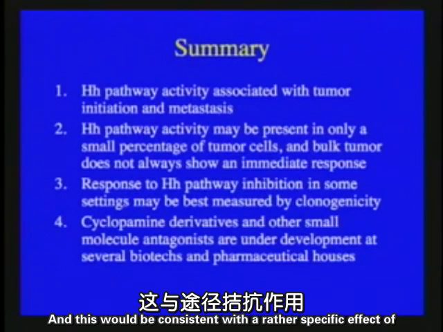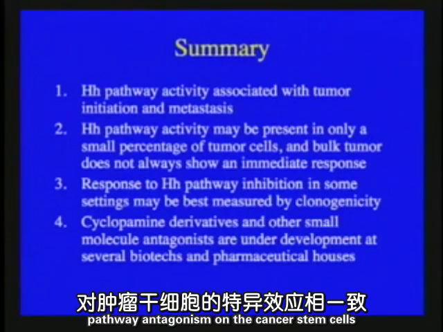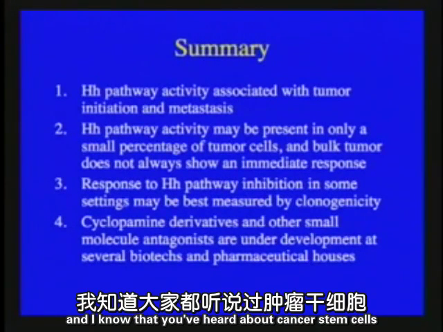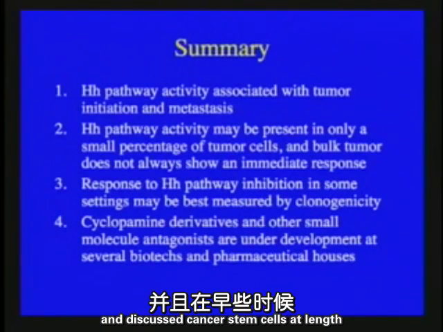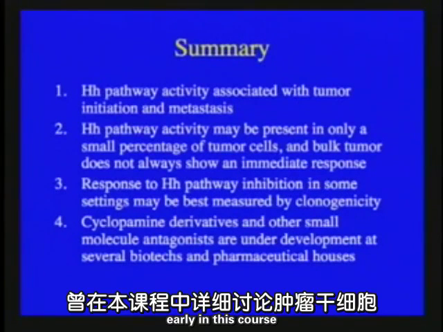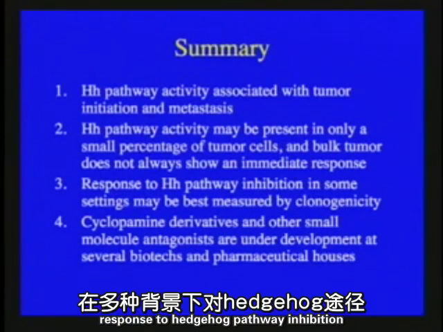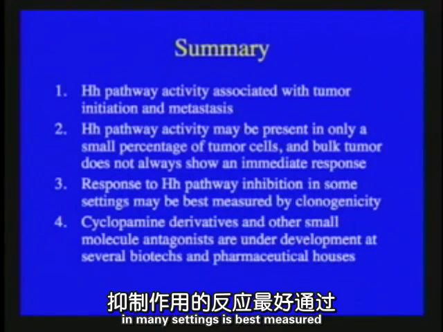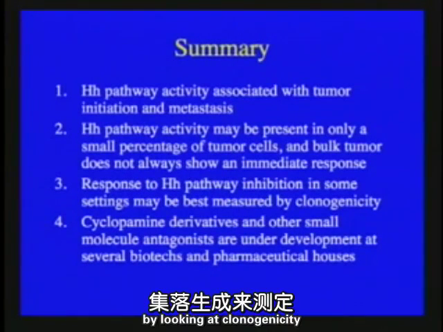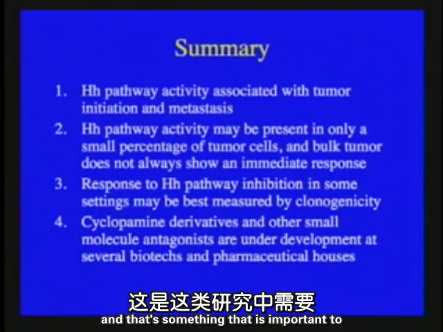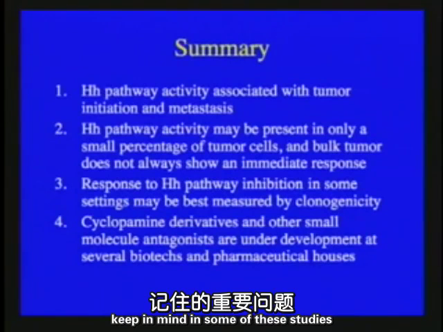And this would be consistent with a rather specific effect of pathway antagonism on the cancer stem cells. And I know that you've heard about cancer stem cells and have discussed cancer stem cells at length earlier in this course. And so it may be the case that response to hedgehog pathway inhibition in many settings is best measured by looking at clonogenicity, and that's something that is important to keep in mind in some of these studies.